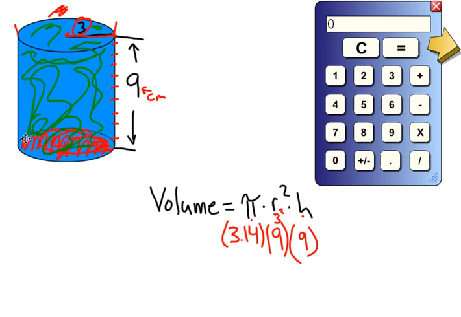So if we take 3.14 times our 9, we get that, and then times that by the other 9, and we get an answer of 254.34. And again, that was centimeters. And since it's volume, we have to say centimeters cubed.